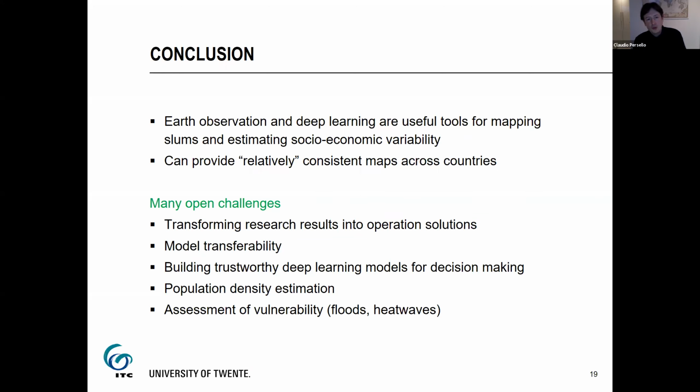On the positive note, we observed that the combination of Earth observation and deep learning can result in very useful tools for mapping slums, for producing maps giving a spatial distribution of where they are in a large city, and possibly going beyond that to regional or country level. They can be used also to go beyond the binary classification and to estimate socioeconomic variability.